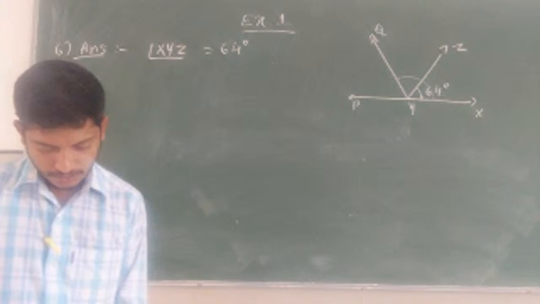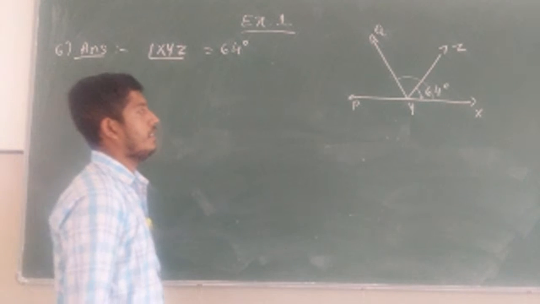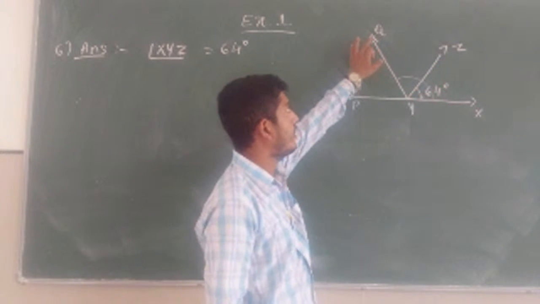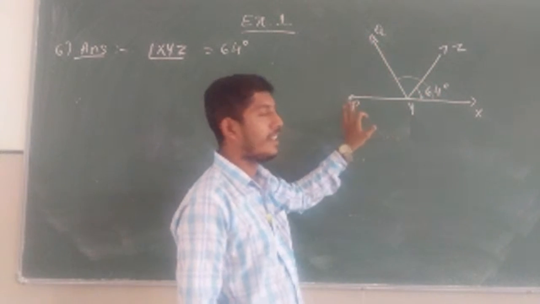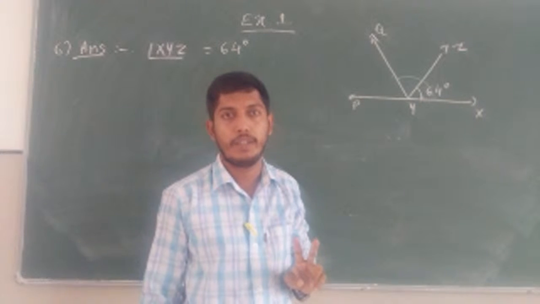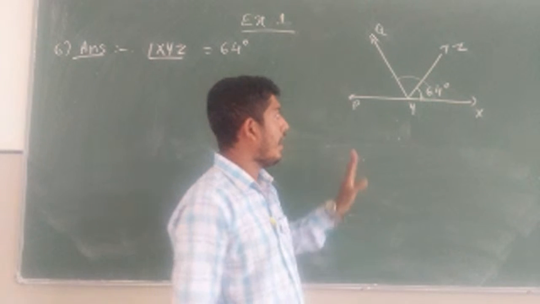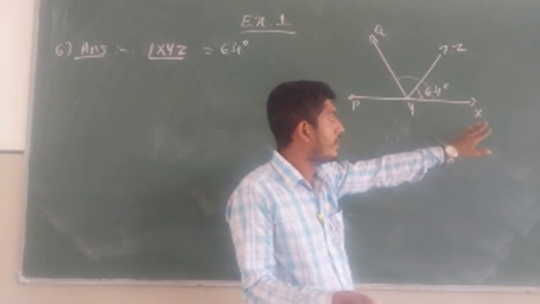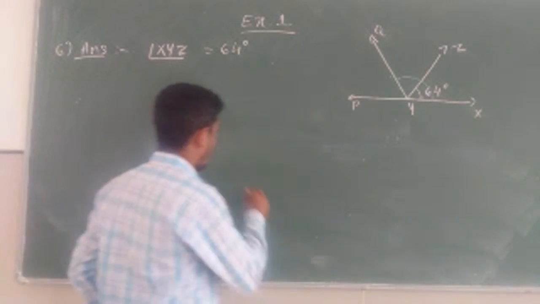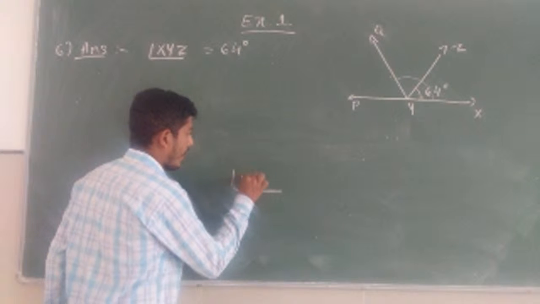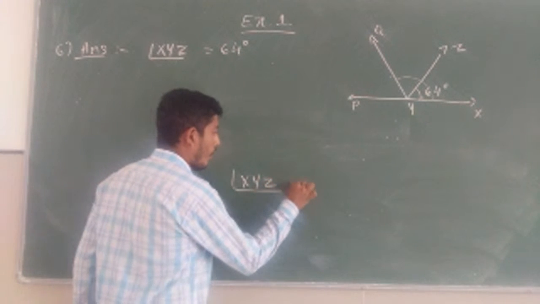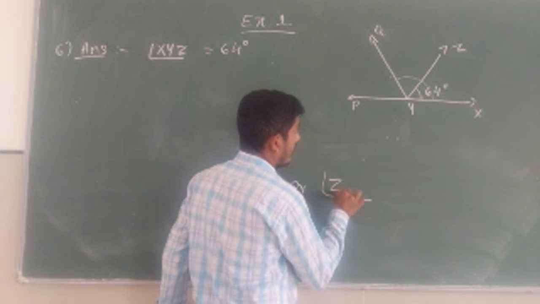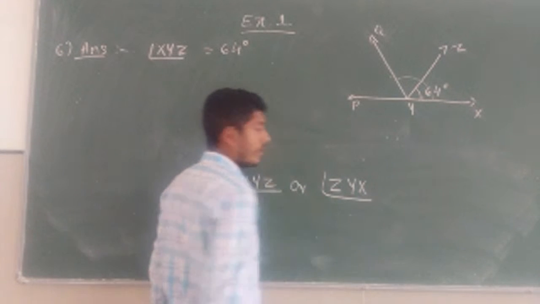Now in this case, I have to find out angle QYZ as well as angle QYP. These are the two angles I have to find out. We know that angle ZYX can also be called XYZ. Both are the same.